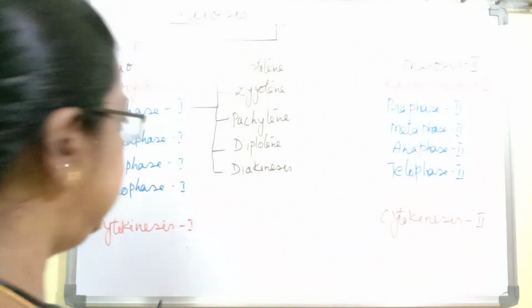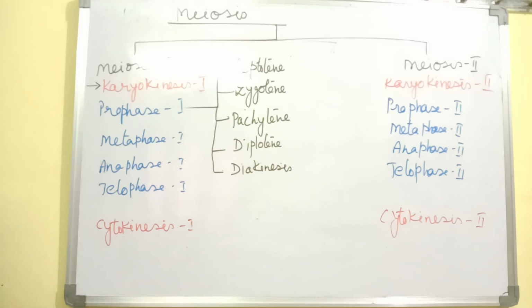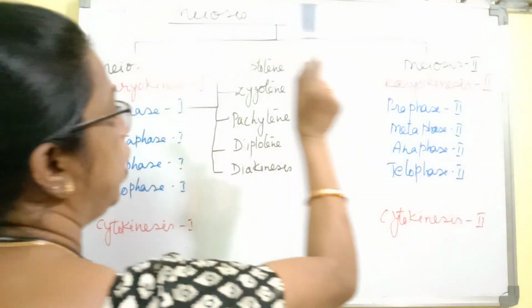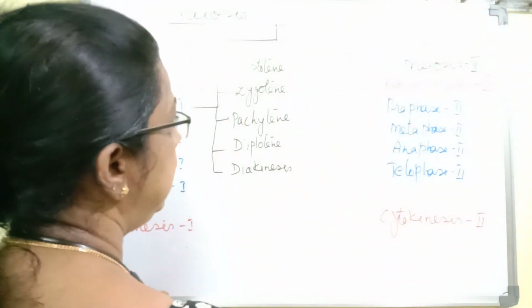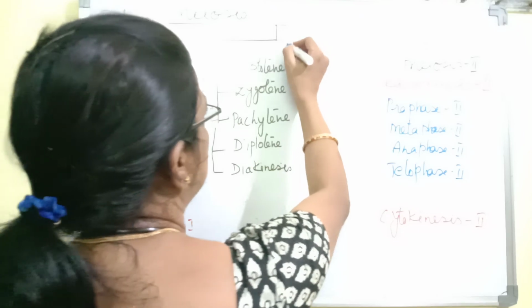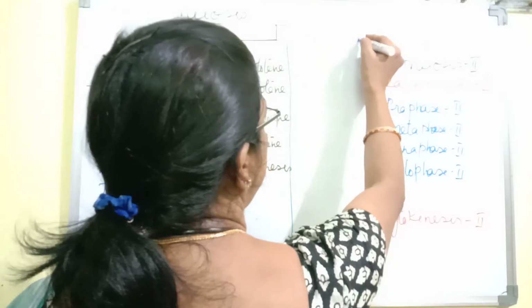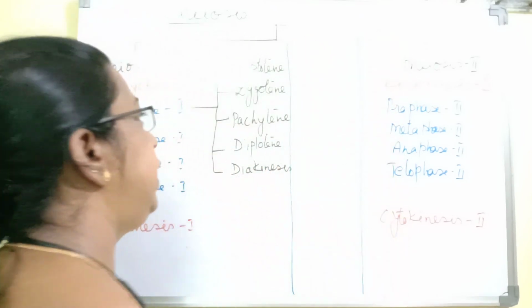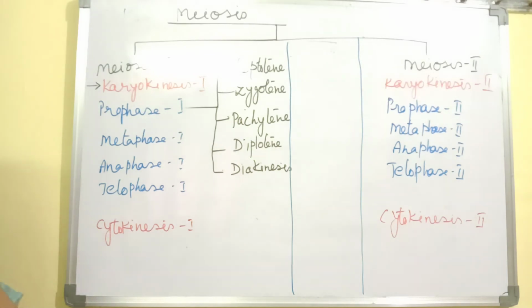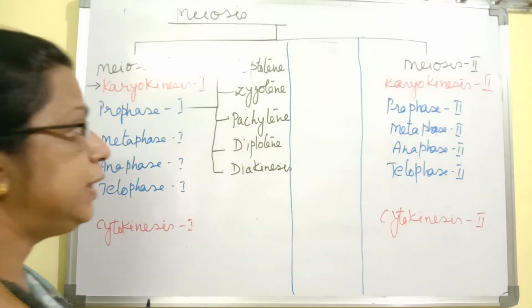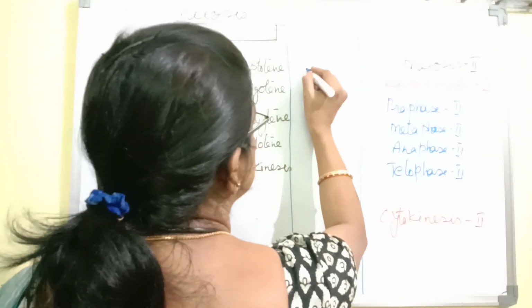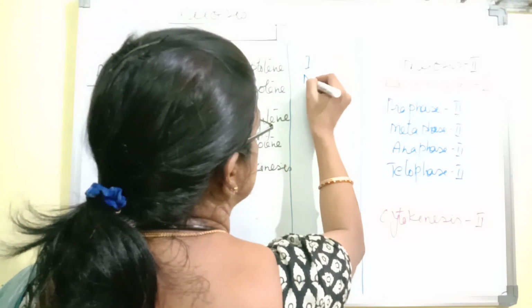So these are all the different stages which we will discuss one by one. In between meiosis 1 and 2 we have a stage called interkinesis. We can take it as a resting stage, just like interphase, but it is not exactly similar to interphase.